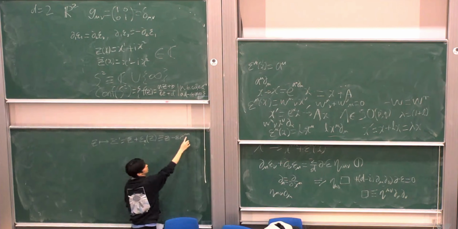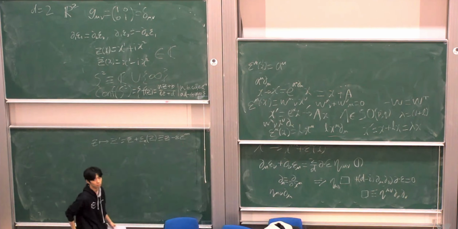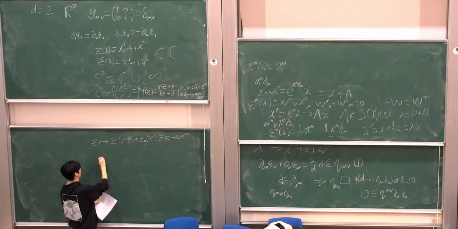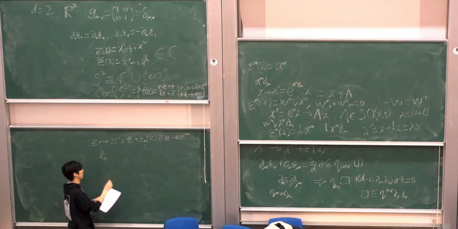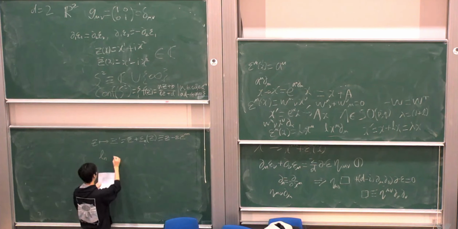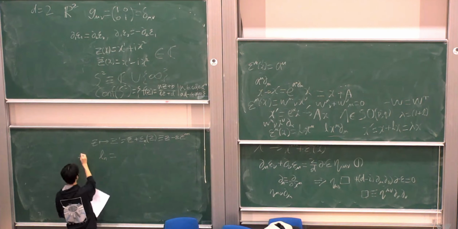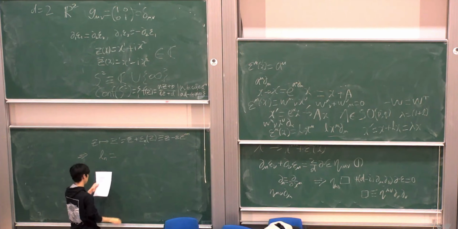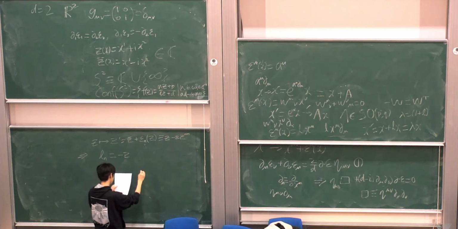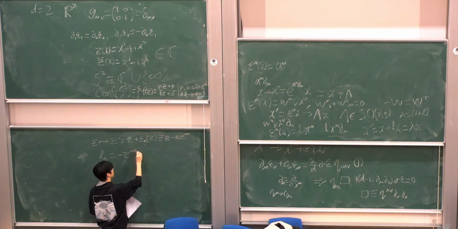I'm just choosing this because it turns out to be convenient later. So if we call the infinitesimal generator ln, for this transformation it is minus z to the n plus 1 times the derivative with respect to z.